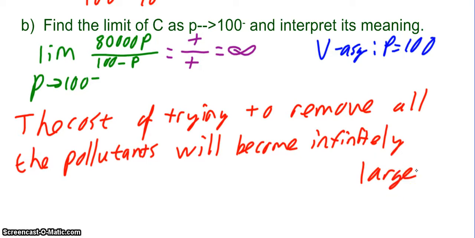Another way to say that is it's impossible to remove 100% of the pollutants. The closer we get to removing 100%, the larger the cost will become, and it will become large very quickly.